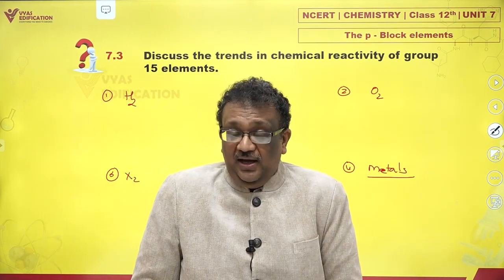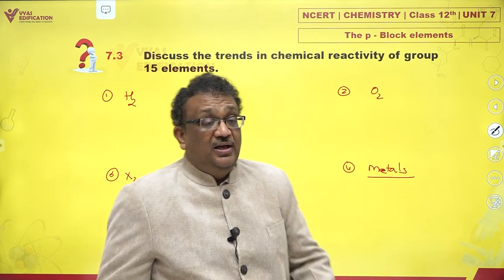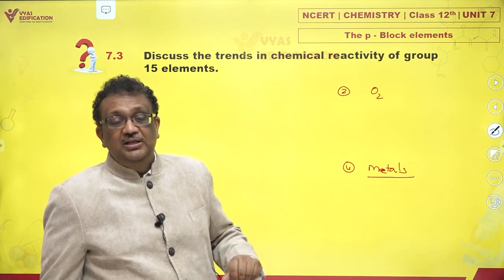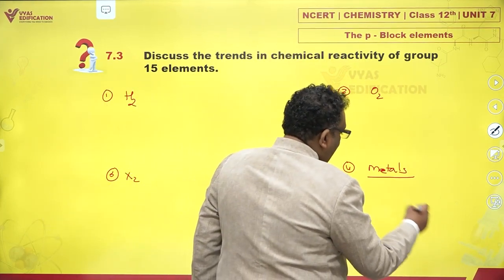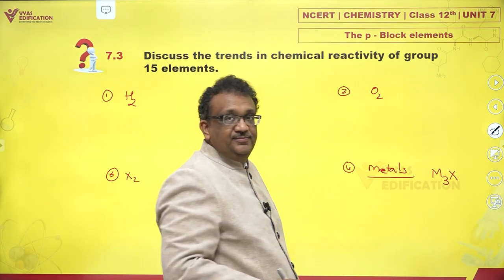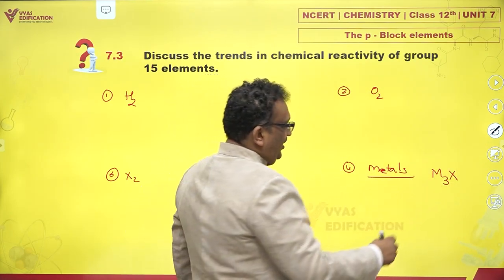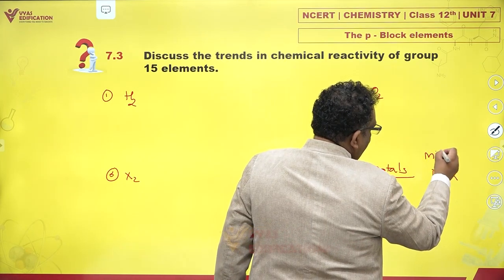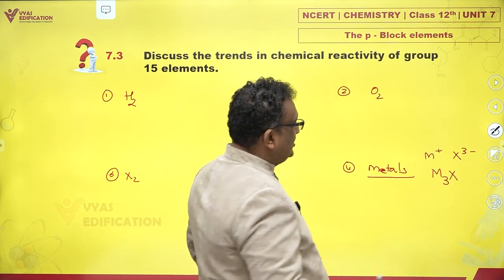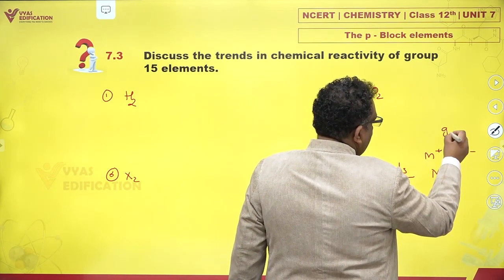If you are examining the reactivity of group 15 with metals, typically they tend to form M3X, where metal is +1 and X is -3. X is not a halogen. This is a group 15 element.